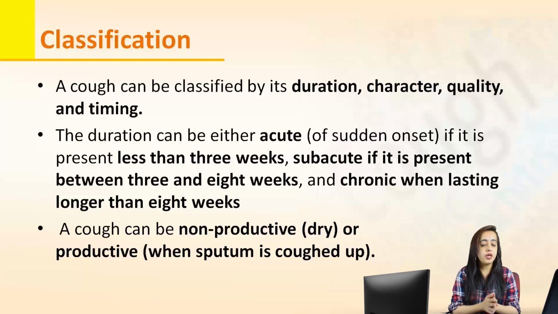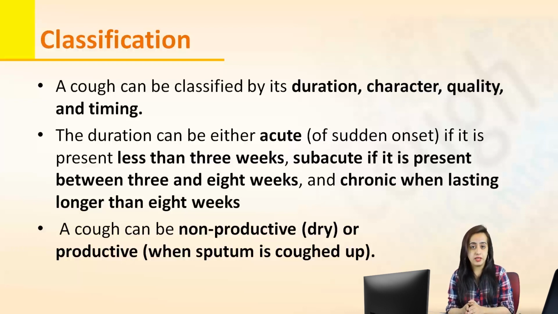A cough is acute if it is present for less than 3 weeks. A cough is subacute if the symptoms have been present between 3 to 8 weeks. And generally, any cough present for more than 8 weeks is associated with chronic cough.